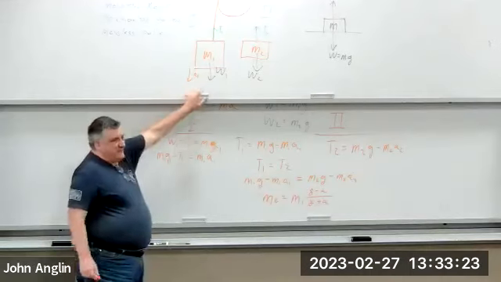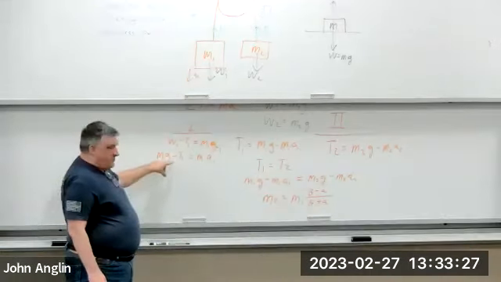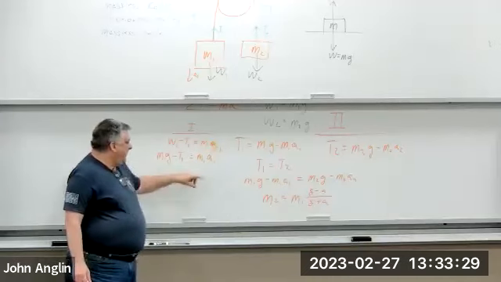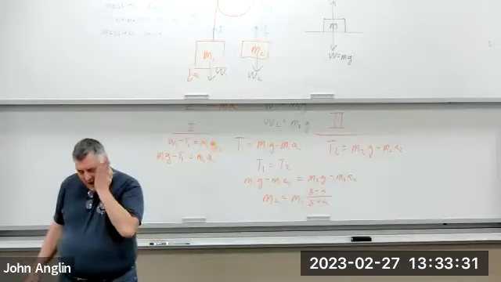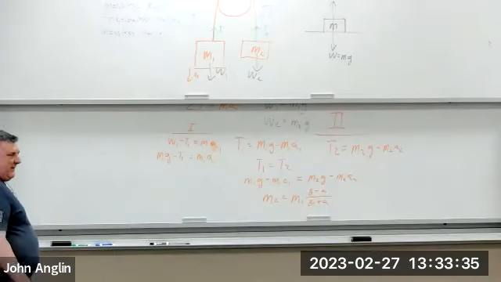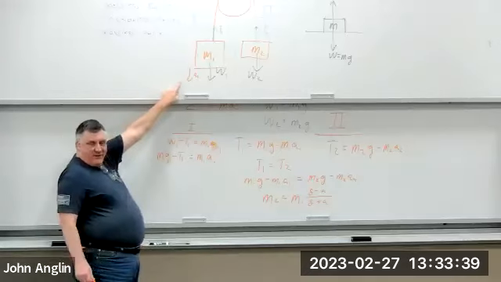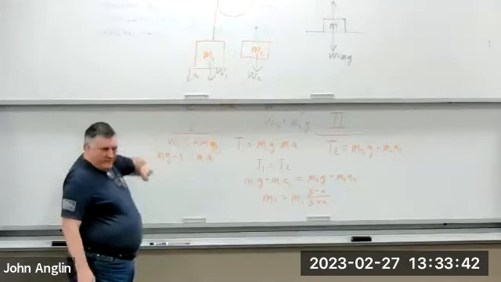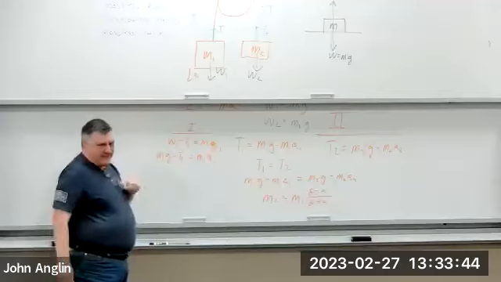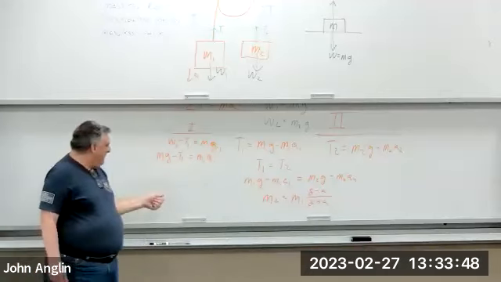Let's say this box is 100 newtons. Then our mg is 100. Our ma, well, it depends, right? If the box is falling under the acceleration of gravity and it is not connected to this thing, then mg would equal ma, right?